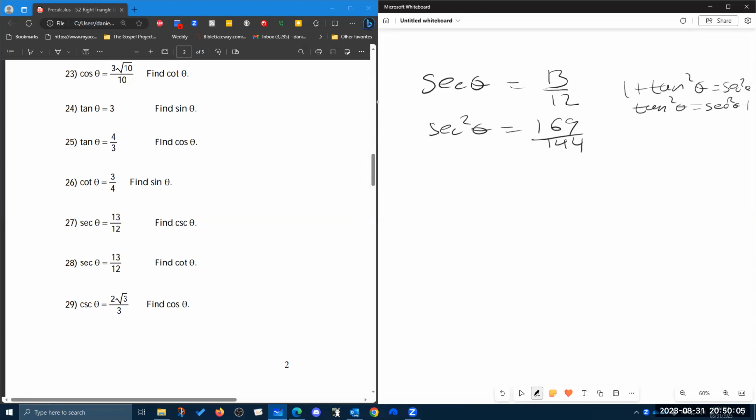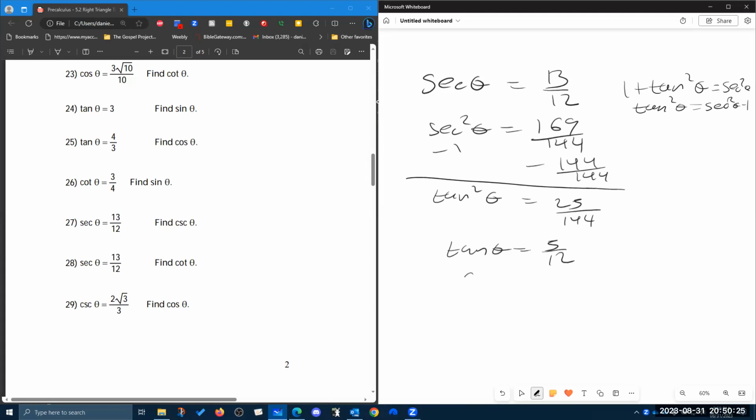So secant squared minus 144 over 144 is going to be tangent squared is 25 over 144, which makes tangent theta equal to 5 over 12, and that makes cotangent theta 12 over 5.